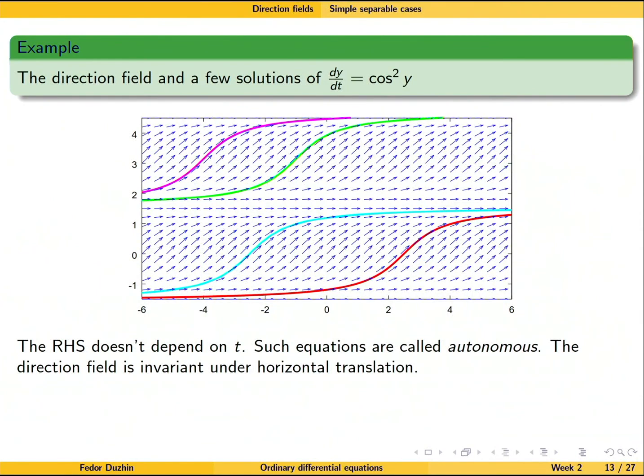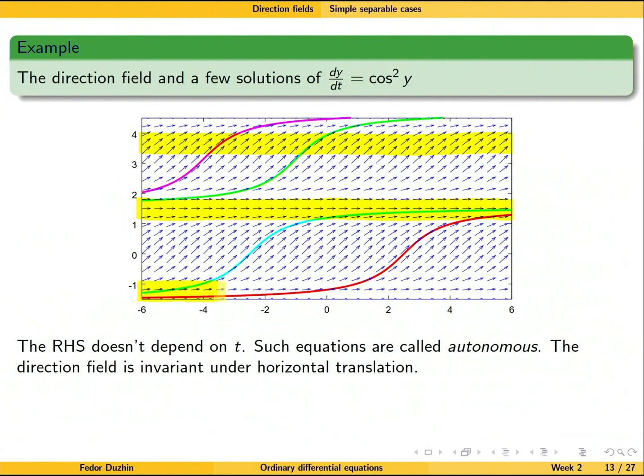But of course, in the same manner, if the right-hand side does not depend on t and only depends on y, then if you think of arrows as being arranged in rows and columns, all arrows in the same row are going to be the same. So if you look at all these arrows, they're all the same.